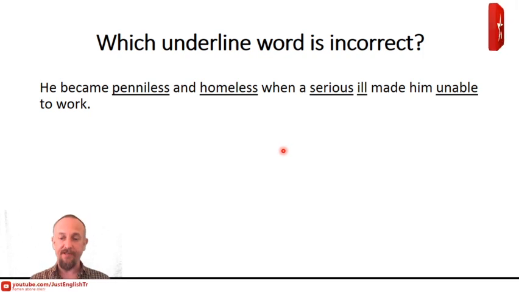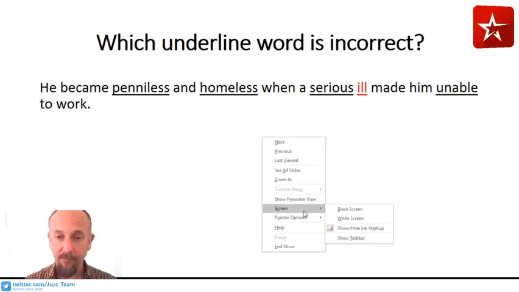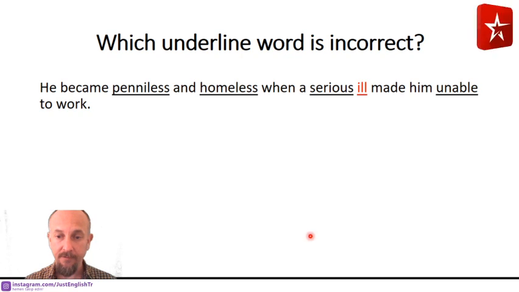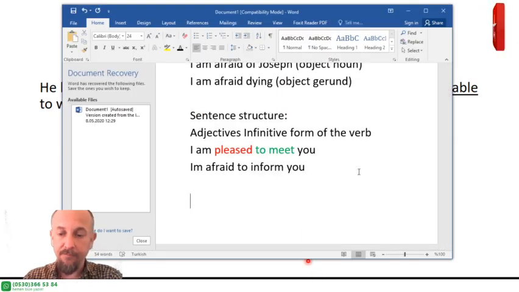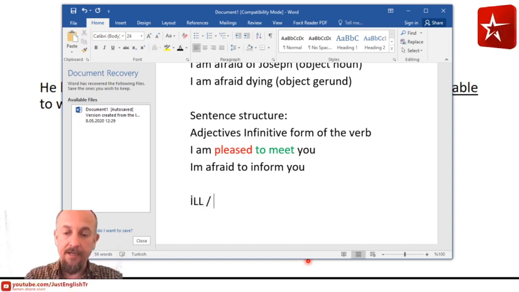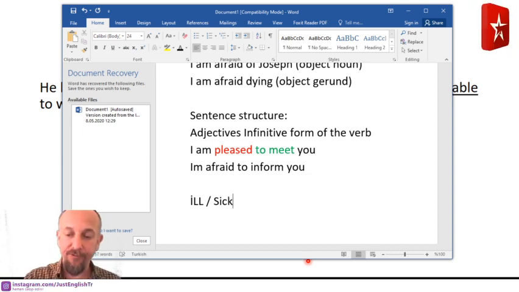Oh, Gonja's there again. Yeah, ill. Ill as an adjective. Actually, I'll give you another quick note here with ill. So we've got these two adjectives, ill and sick. And they are easily confused.